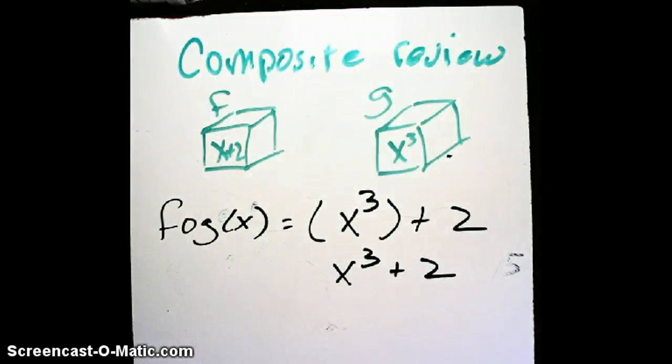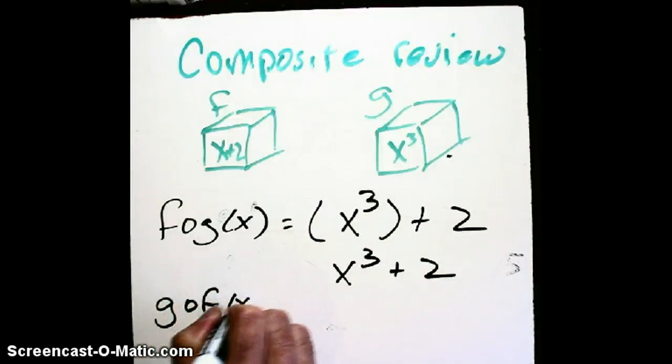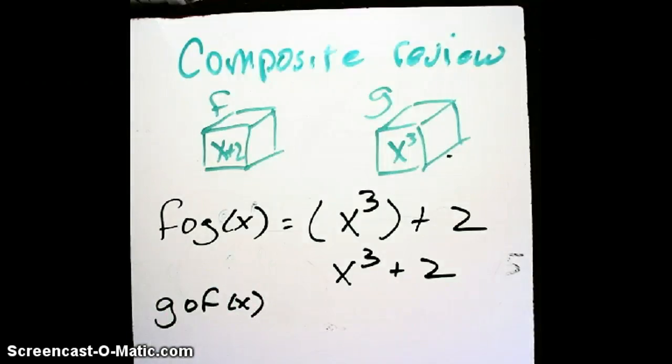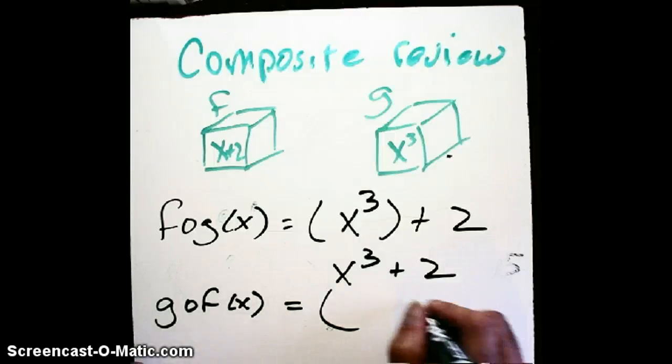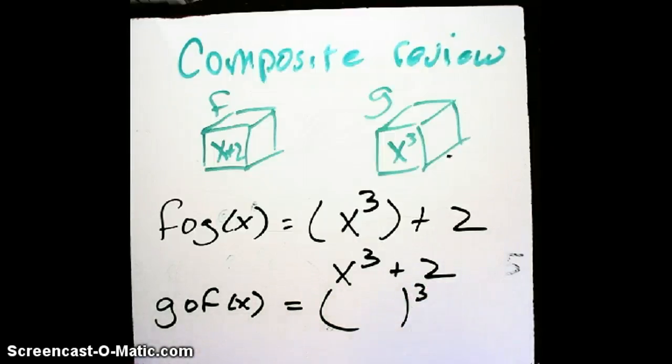All right, let's try that again. Could you give me G∘F of X, or G composite F of X? No numbers, we need an expression. Well, let's see, how am I going to do that? Like I'm reading from left to right, I'm going to go to the G. Isn't that blah cubed? It is. And what am I going to put in for that?